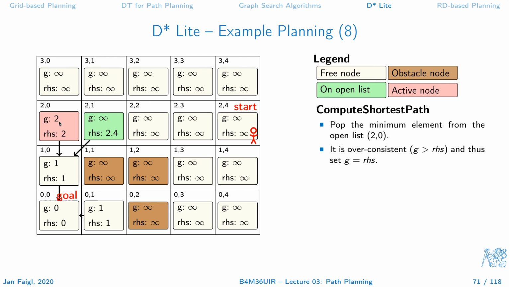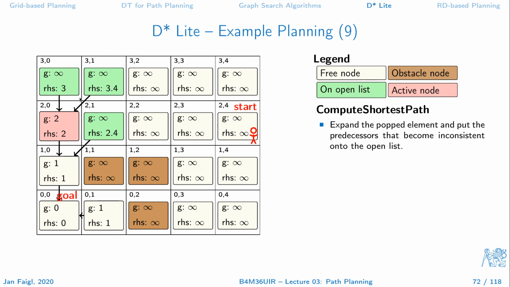It's over consistent, so we update it to 2 and again expand. And here we can expand 2 plus 1 is 3. 2 plus 1.4 is 3.4. 2 plus 1 is 3, so we will not update this one.